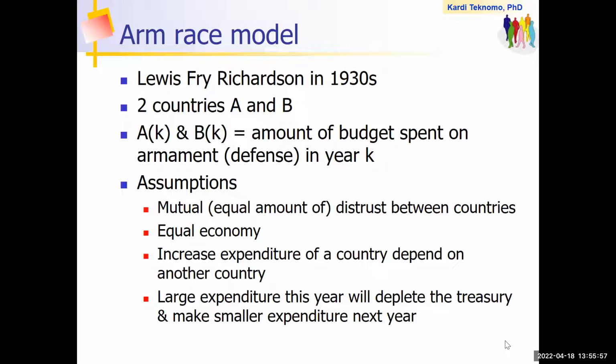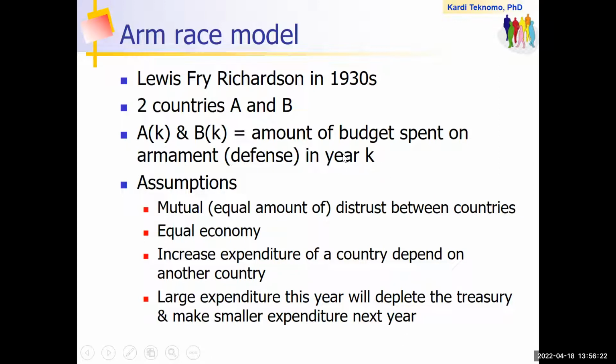The Richardson model is called the arms race model. There are 2 countries. Let's call them A and B. A_k is the amount of budget country A spent for defense, and then B_k is again the amount of budget for defense in year k.